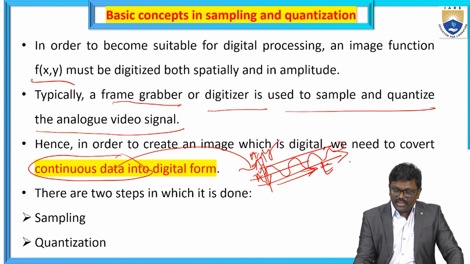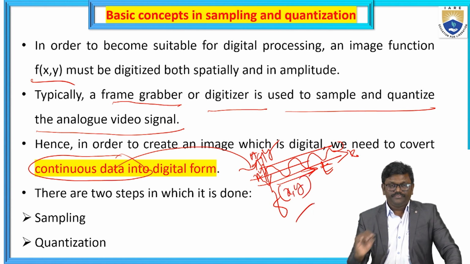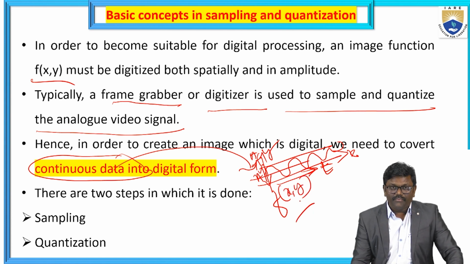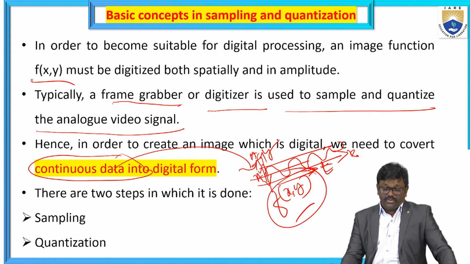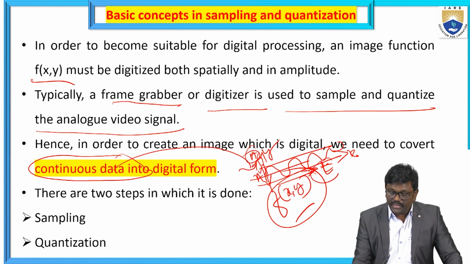Based on this y-axis and x-axis, the image is defined as an image function f of x comma y. So this f of x comma y is built with the help of your digitized analog values of the amplitude of the signal and the time factor.